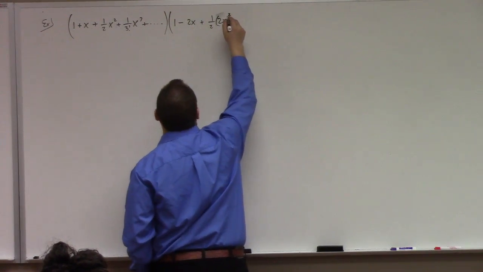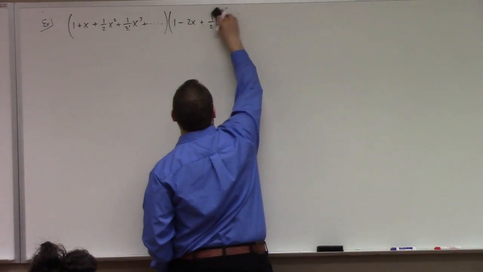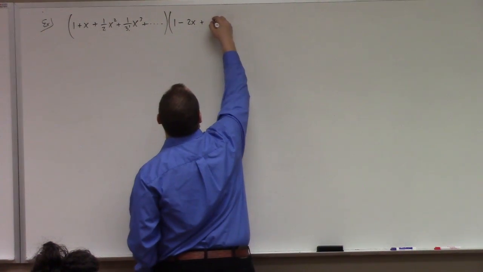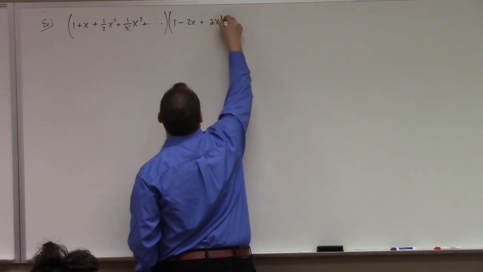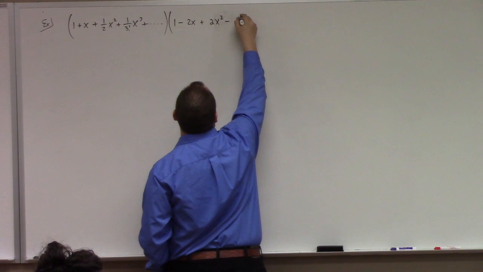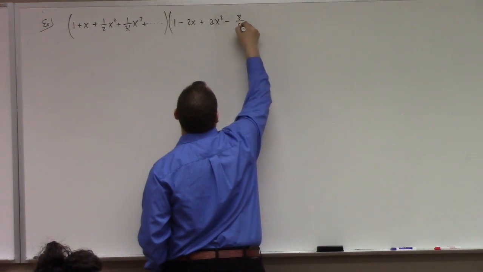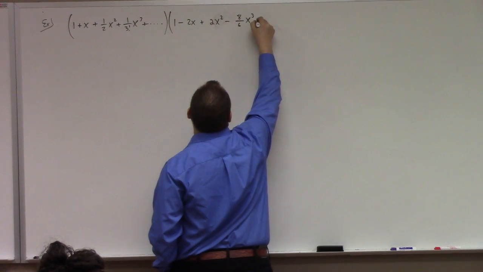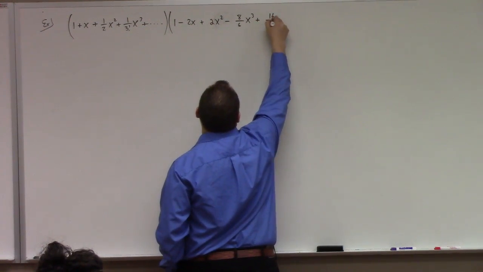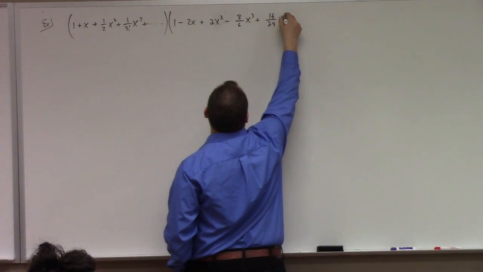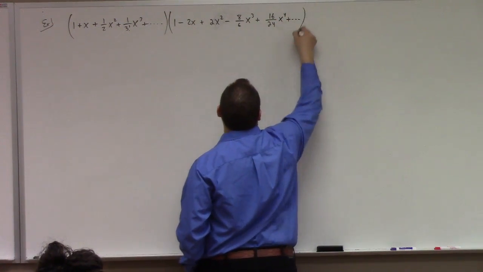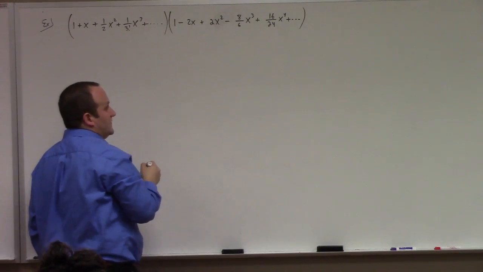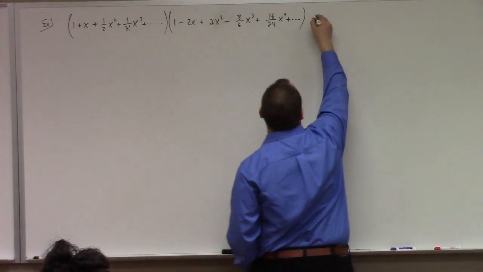Oh man, I can't let you see that. It's hideous. I guess it's 2x squared minus 8 over 6 x cubed plus 16 over 24 x to the 4th, and so forth. All right. Let's look at the multiplication of these two and see if we can understand it.